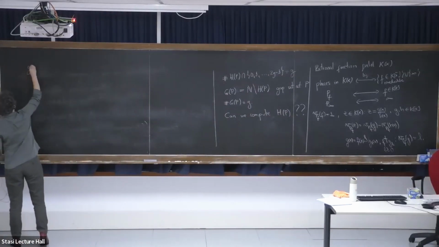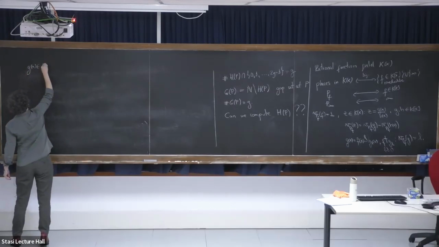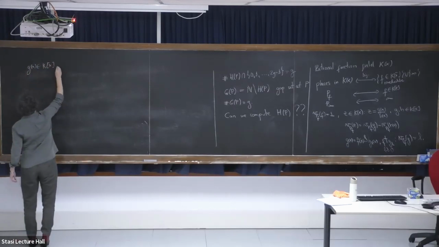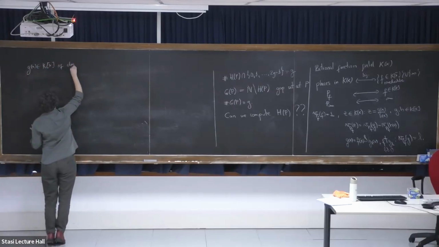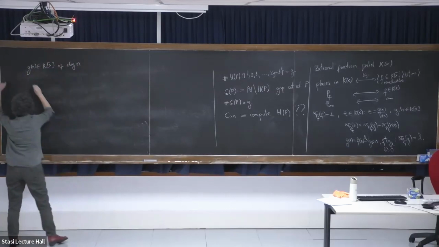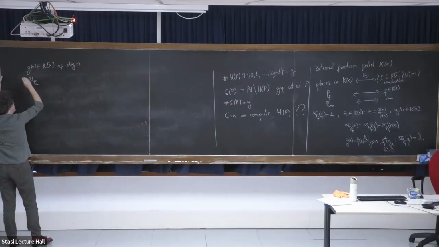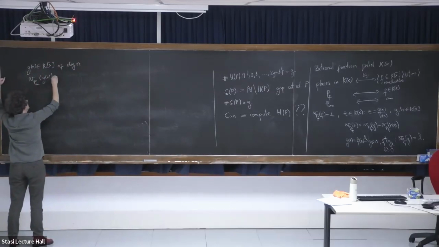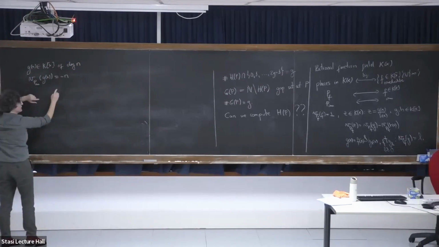So if you take G, a polynomial of degree n, we say that the valuation at infinity computed at G is minus n, is minus the degree.